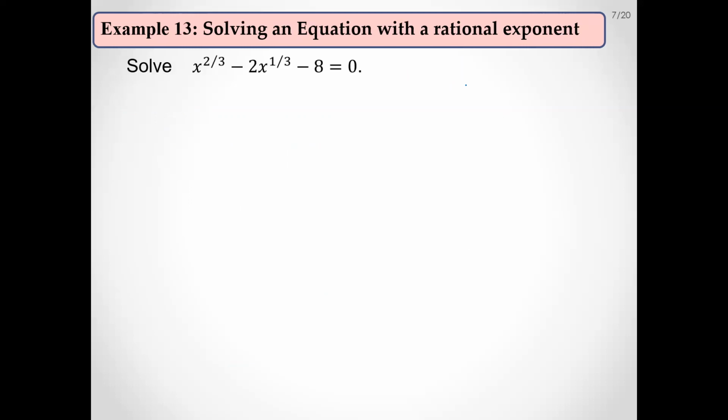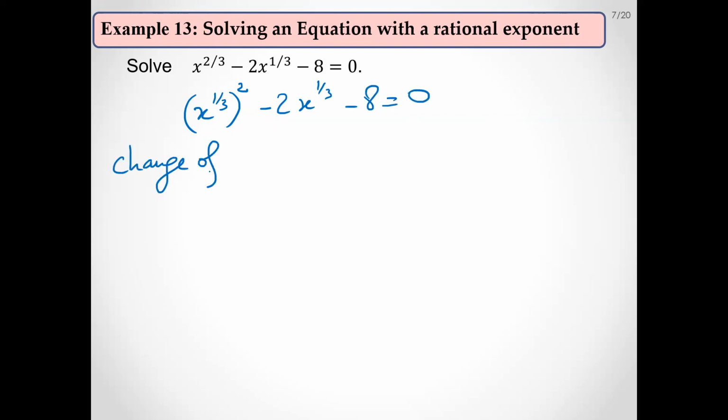Another example. So here, the idea is that we have x to the 2 over 3, and x to the 1 over 3. I write this as x to the 1 over 3, squared, plus x to the 1 over 3, minus 8 equals 0. So here I can do a change of variables. Y, for example, is x to the 1 over 3, which gives a quadratic equation in y.